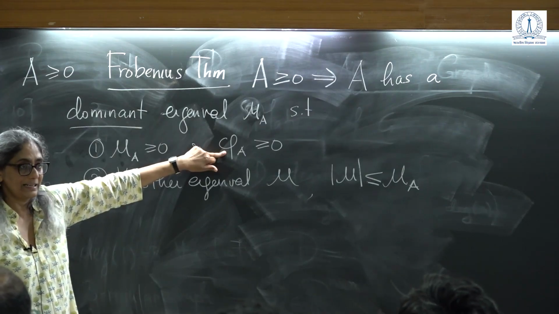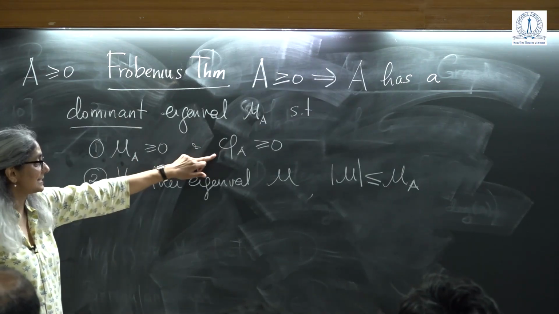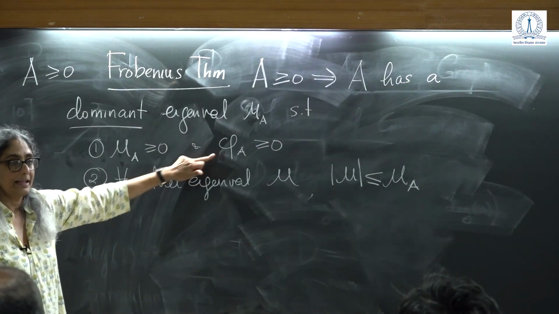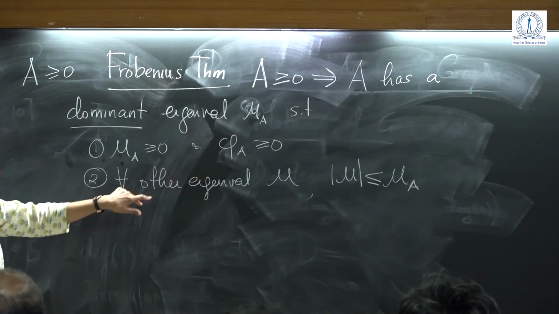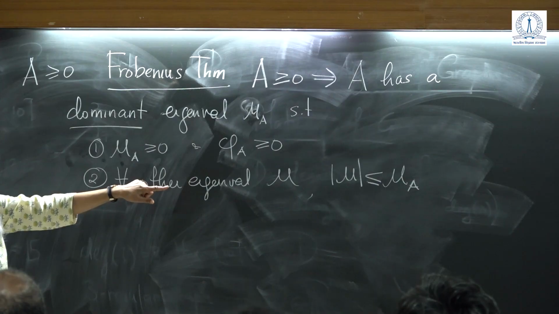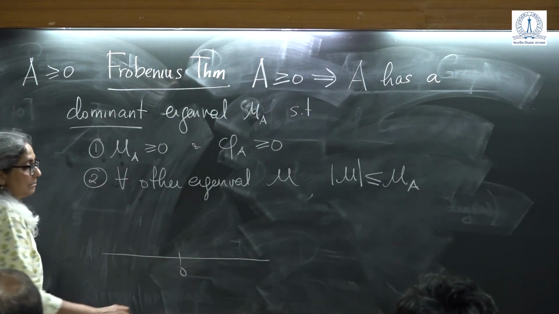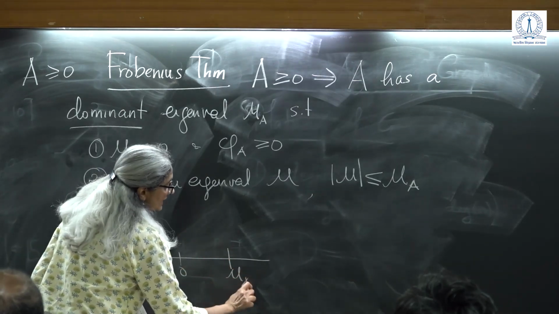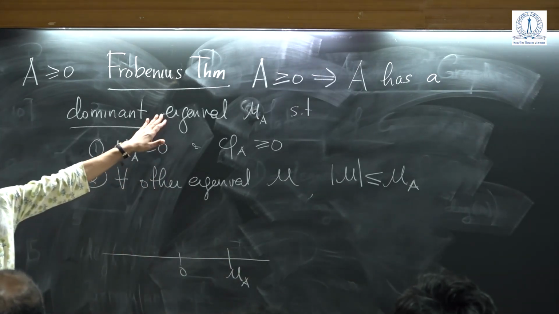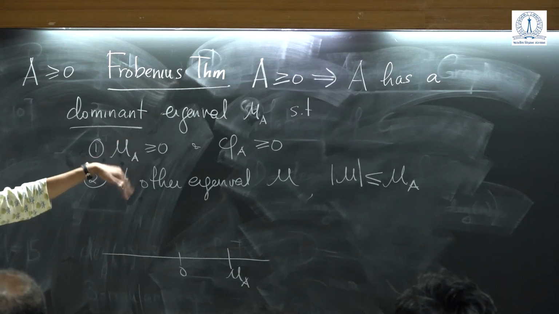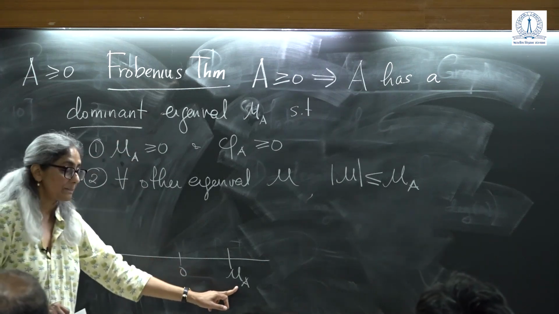We're going to immediately prove that this is actually a positive eigenvector. The theorem only tells you mu A is greater or equal to 0, so it could be 0, but we're going to prove it's positive.